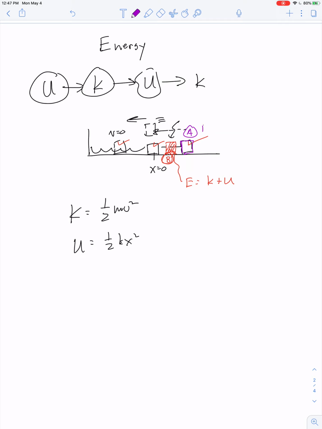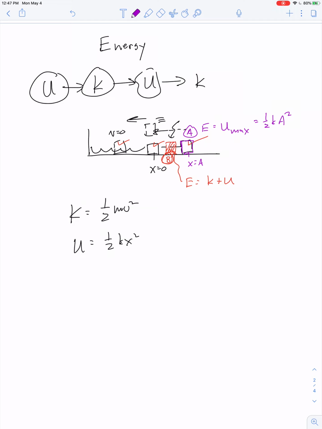So at point A, the mechanical energy is strictly potential, and it's the maximum value of potential energy, which wouldn't just be 1/2 kx squared, because it's the maximum value associated with the maximum position of x equals a. Then the maximum potential energy is 1/2 Ka squared.